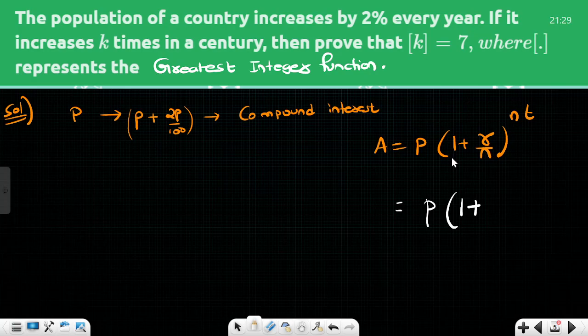Okay, generally, sir, 1 plus R by 100 power T, the number of years, is what we write. So P into 1 plus R by 100 power T. Okay, maybe both are the same only. So what is the rate of interest here? 2 by 100, for how many years? For 100, or let's say put T. Okay. Yes sir.